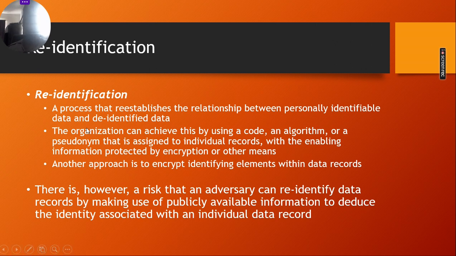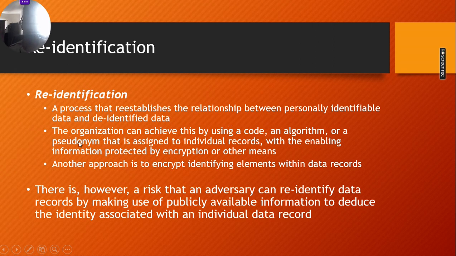Now, re-identification. Re-identification is different from de-identification. Re-identification is a process that re-establishes the relationship between the personally identifiable information and the de-identified data. The de-identified data is the one where you've removed the PII. You now create a relationship between the PII that you've removed and a new PII, so that we can link the person.